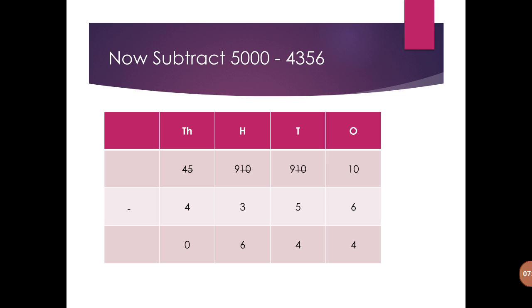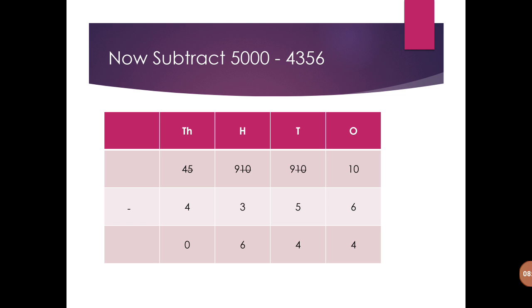Now subtract 4356 from 5000. Let's observe the minuend. The minuend has 3 zeros, and it is very difficult. So we have to first place the number in the place value chart, and then start from the ones column.